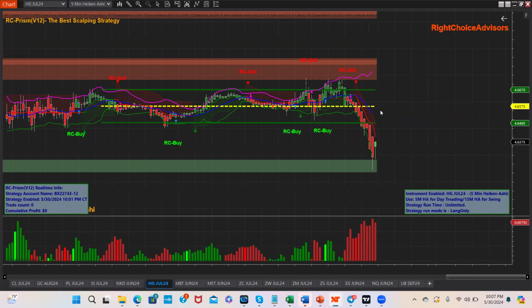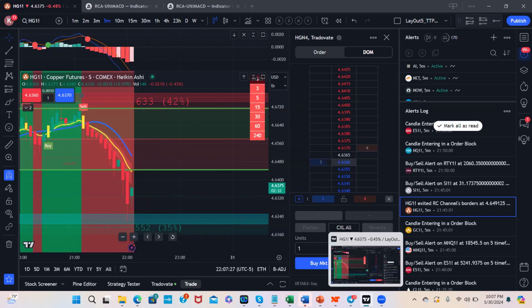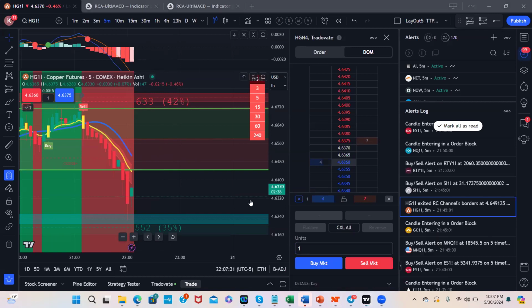Yeah, HG may start going up now. It touches this buy order block. In TradingView, you can see these order blocks. You don't see these numbers there, but basically it is the same order blocks here.